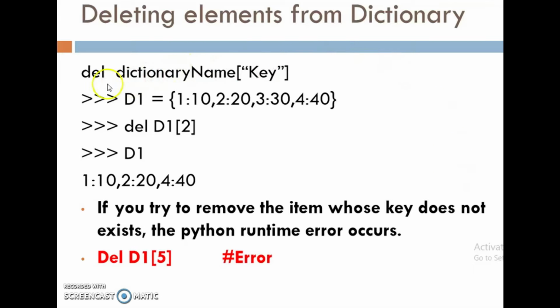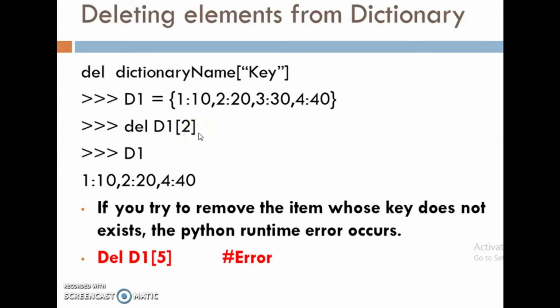For that we can use the keyword del. del dictionary name, and within the square bracket we can specify the key. D1 = {1:10, 2:20, 3:30, 4:40}. del D1[2].